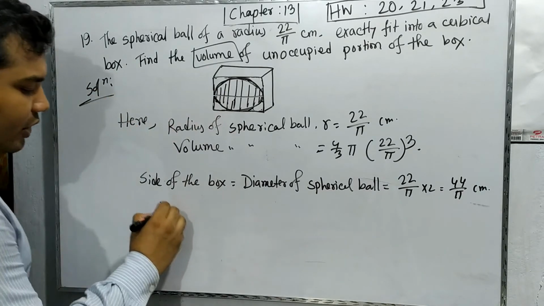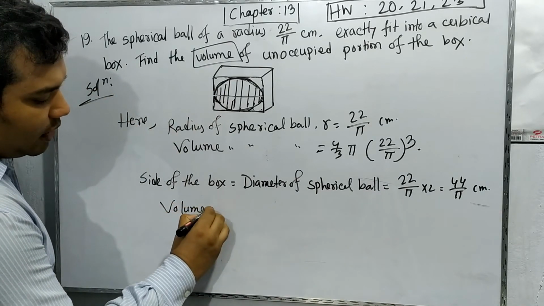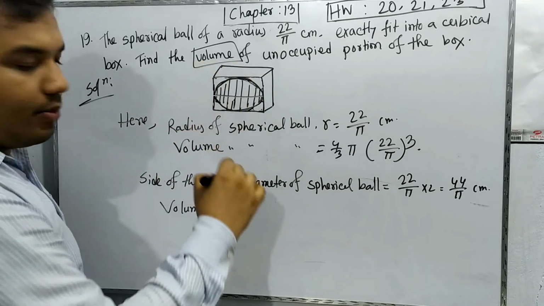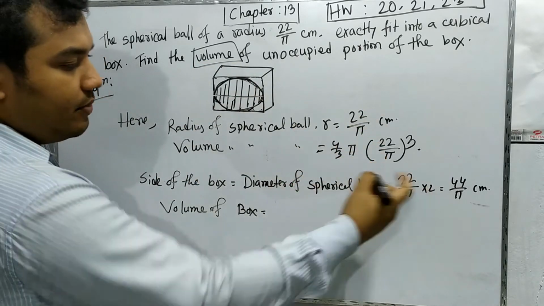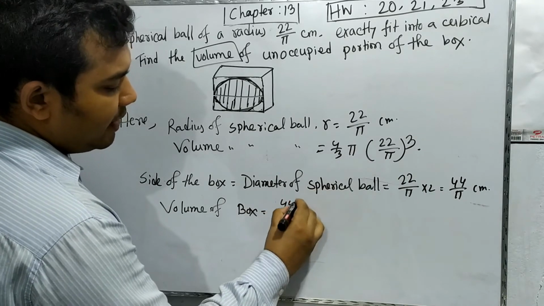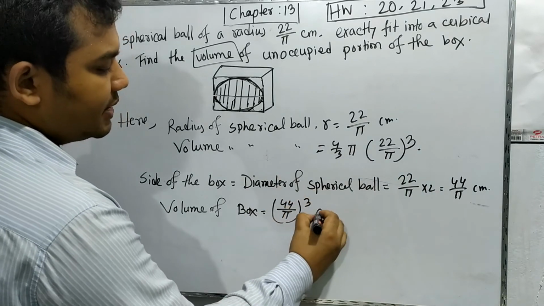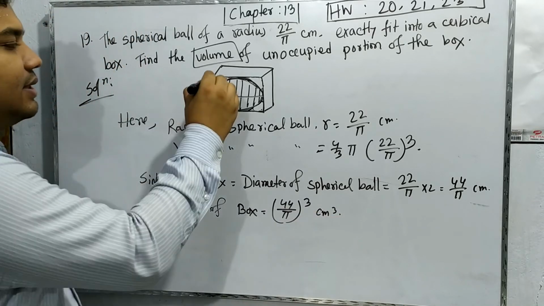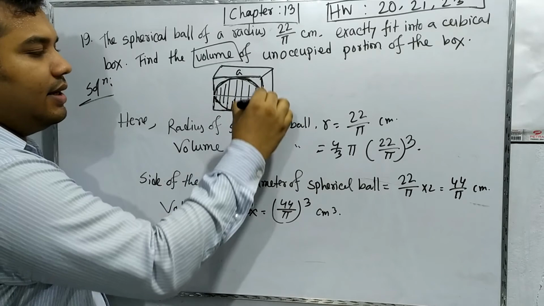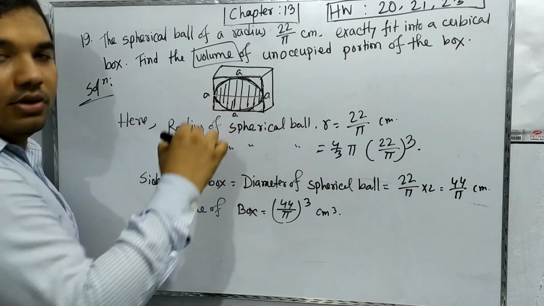So what will be the volume of the box? The volume of the box will be a cube, so 44 by pi whole cube centimeter cube. If this part is a, then this is also a, and this is also a. Why?